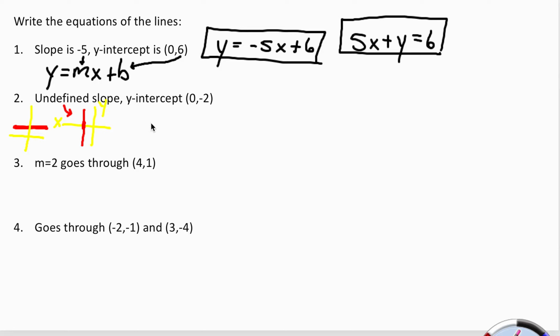So its equation is x... undefined slope. This is an error here, okay? Because with an undefined slope, my equation has to be x equals a number, and I do not have a y-intercept. Okay, so I'm sorry about this, guys. The y-intercept is right there.